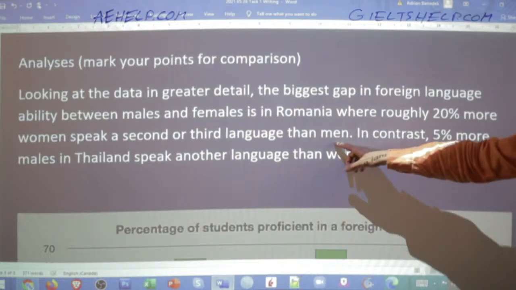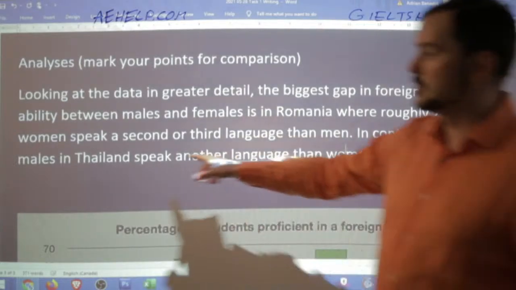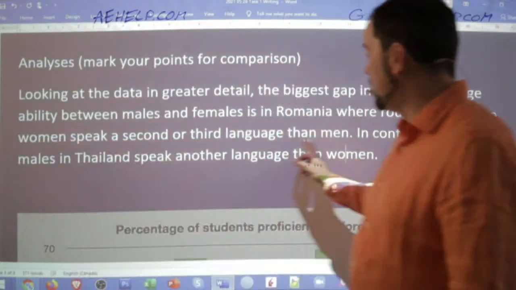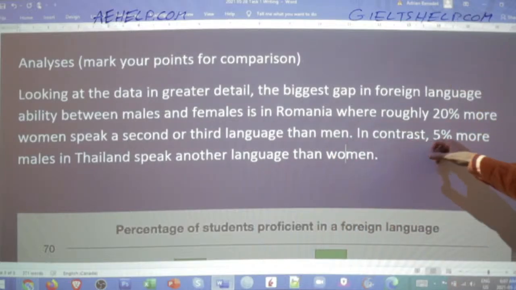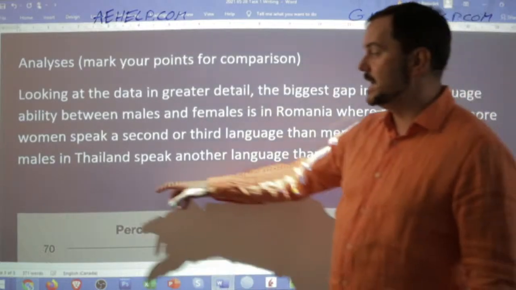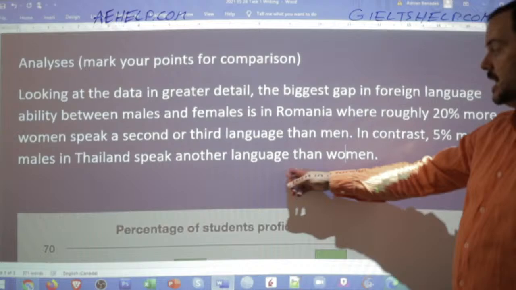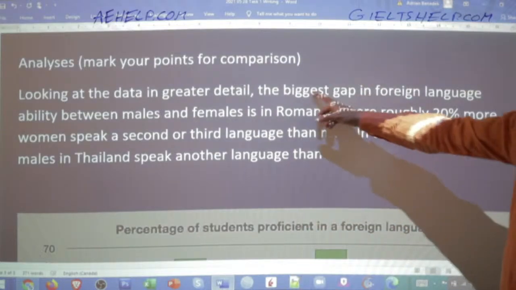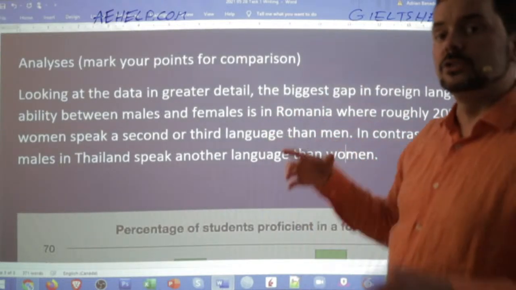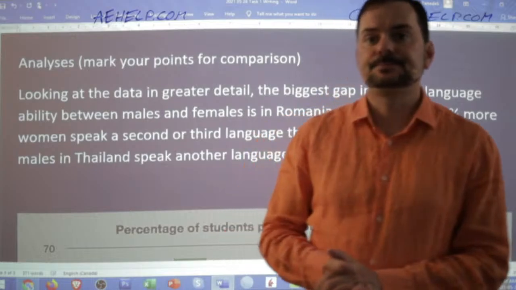Okay, careful with your E's here. Make sure they're plurals, not woman, but women, and not man, but men. In contrast, 5% more males in Thailand speak another language than women, because that's contrasting that. So that's going into more detail. Okay.